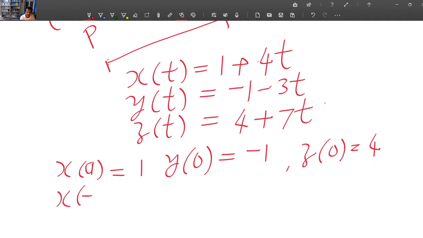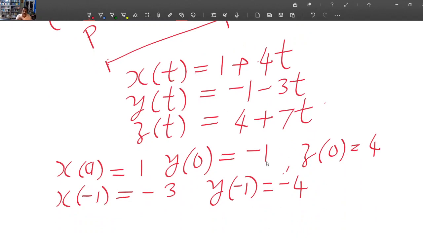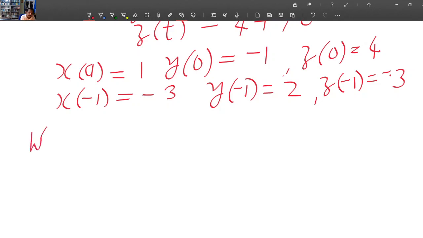And x of minus 1 is minus 3, y of minus 1 is minus 1 plus 3, so it is 2, and z of minus 1 is 4 minus 7, which is minus 3.